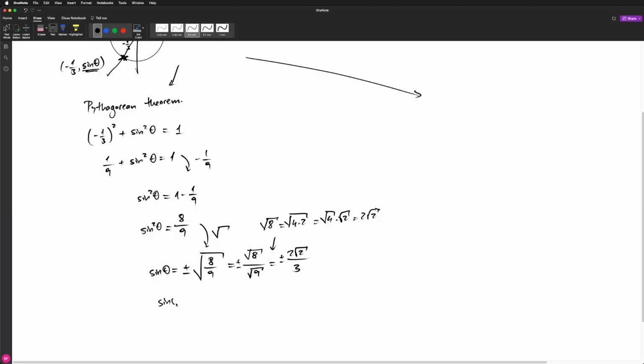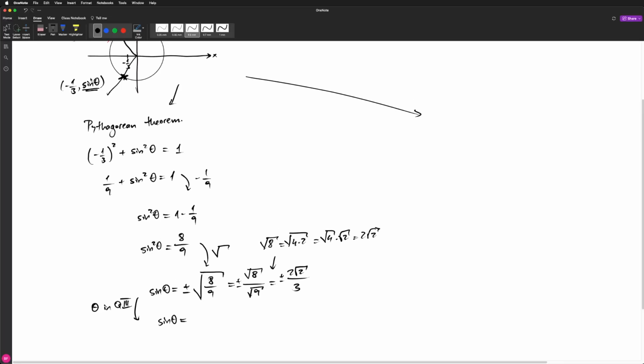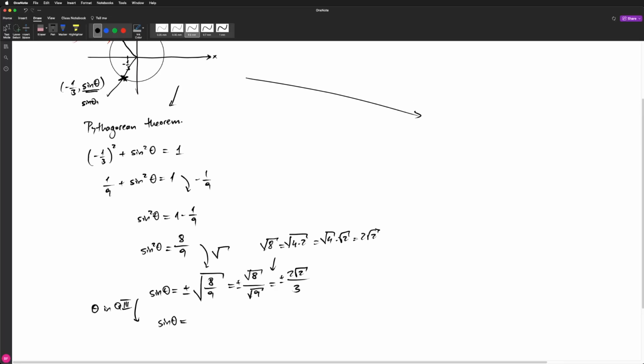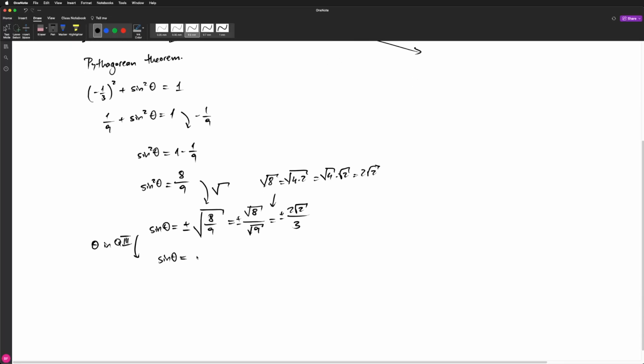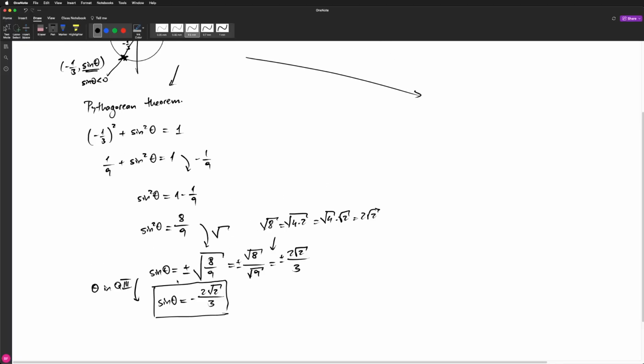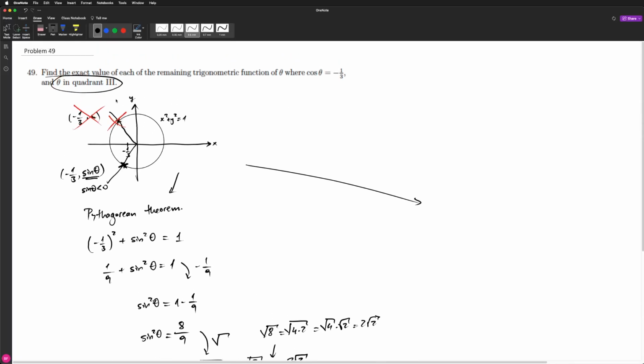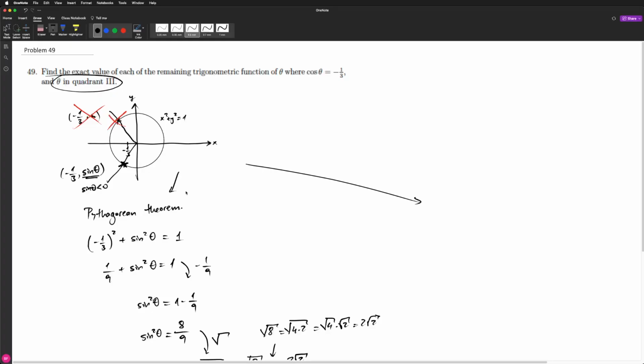But theta is in quadrant 3. Therefore, sine theta is going to be a negative number. So that means our sine theta is going to be negative 2√2/3.